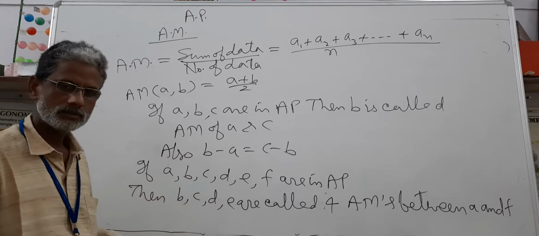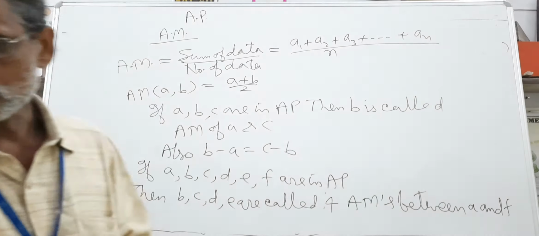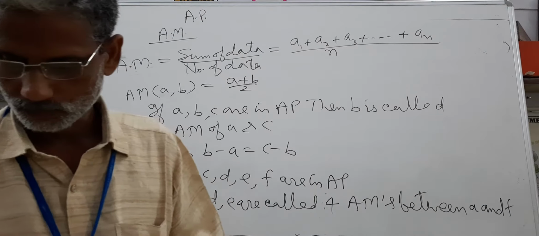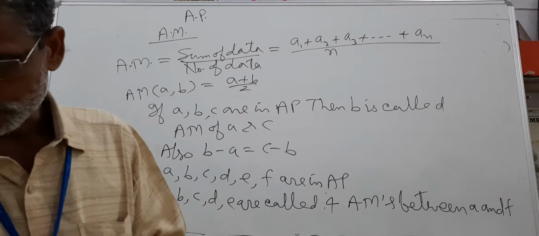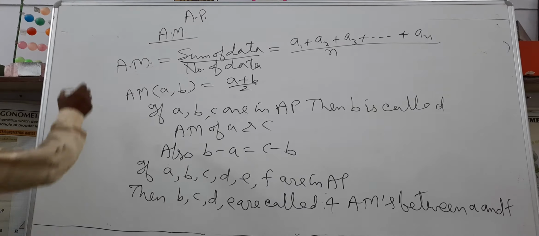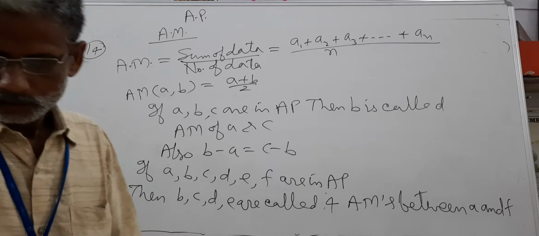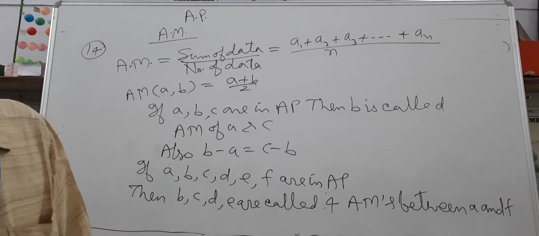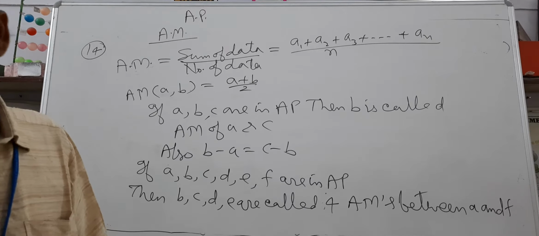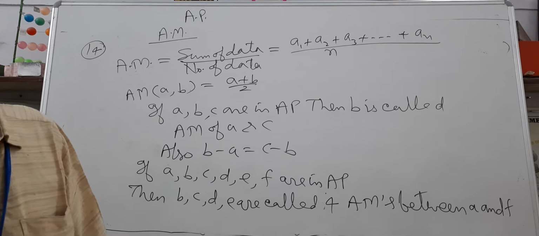Based on these concepts, there are some questions in your exercise 9.2, like question number 14. Insert 5 numbers between 8 and 26 such that resulting sequence is an AP.